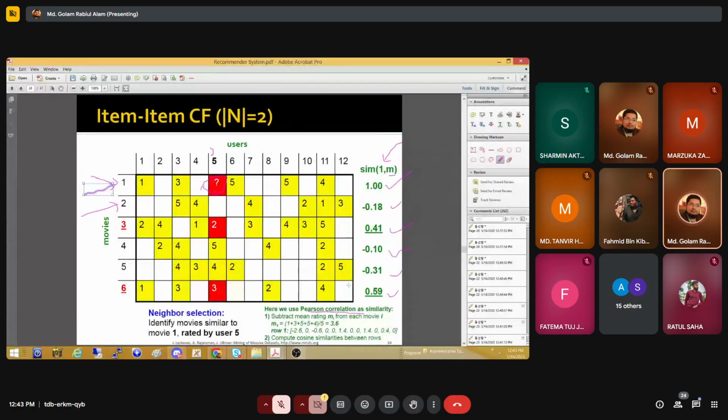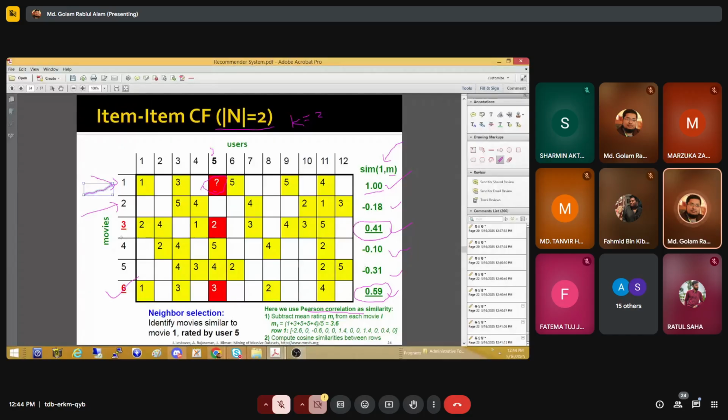After that, we want to find the number of items, the same as k, that means the two most similar items. Based on that, the most similar item is 6, because the Pearson correlation similarity is 0.59, and another one is 0.41.